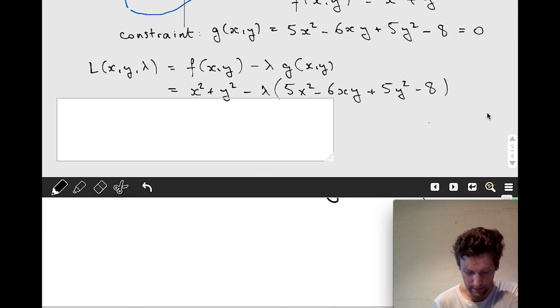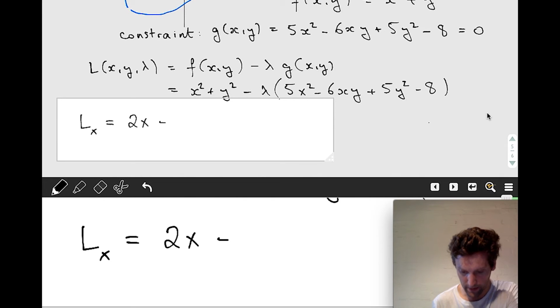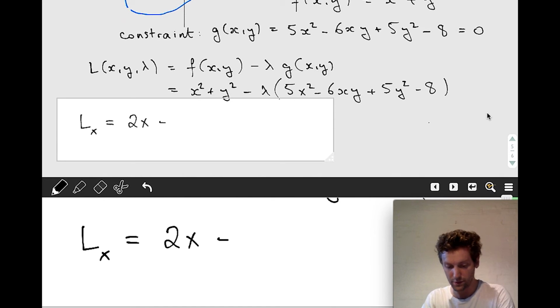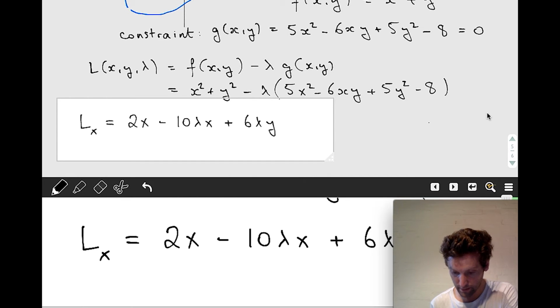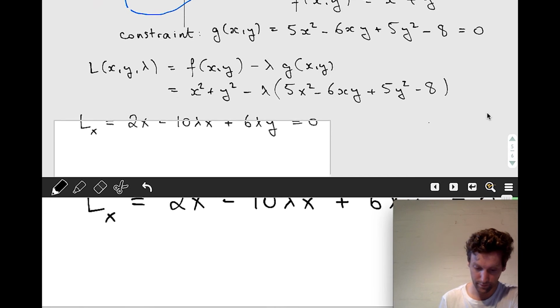So L subscript x, the partial derivative with respect to x, is going to be given by 2x minus lambda times the derivative of 5x squared, so that's lambda times 10x, or 10 lambda x, plus lambda times 6y, so 6 lambda y, and that's equal to 0.